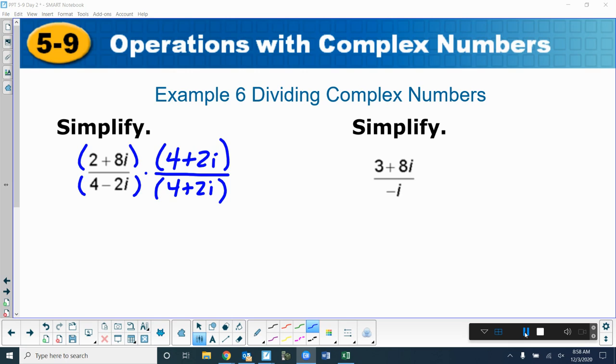Then reduce it. You could divide all those by four.